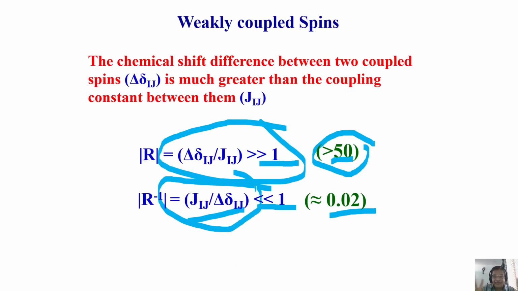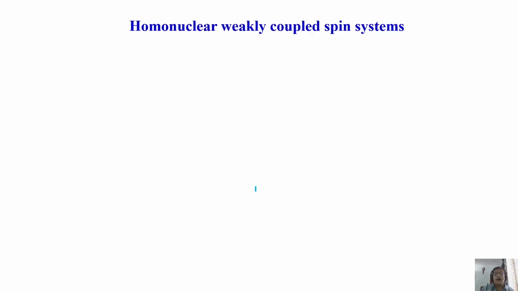Conceptually, the chemical shift separation should be sufficiently larger than the coupling constant. Then the spin systems are weakly coupled. Is it clear for you? Now, we'll see what homonuclear weakly coupled spin systems and heteronuclear weakly coupled spin systems are.